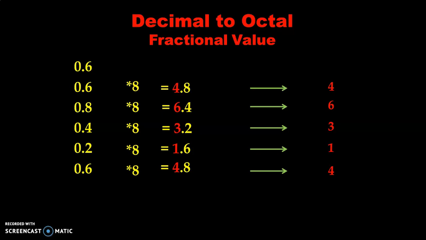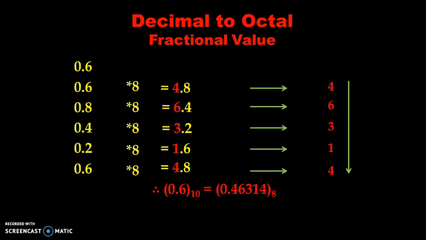There is no need to go up to 5 most of the time, but we have gone up to 5. So we can terminate our process, and the integer values we have taken aside can be our equivalent octal number. And we have to write from top to bottom, right? So we have to write from top to bottom. So 0.6, that was our decimal number, and the exactly equivalent octal number is 0.46314.